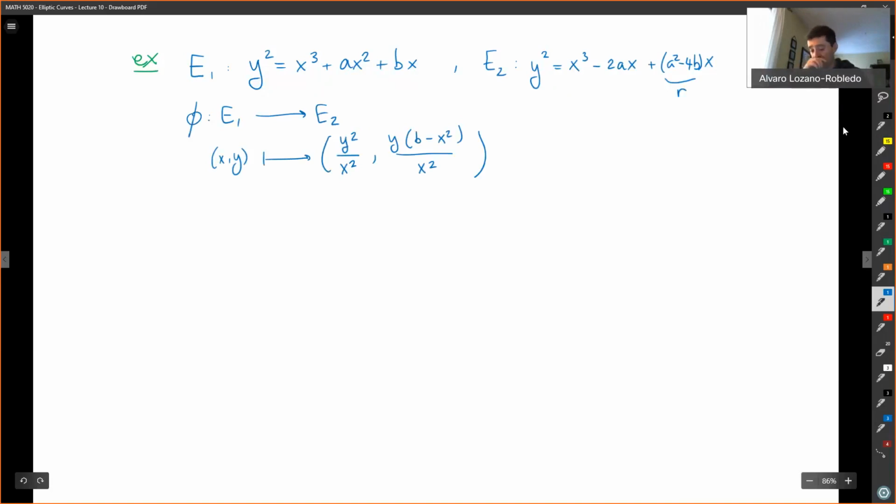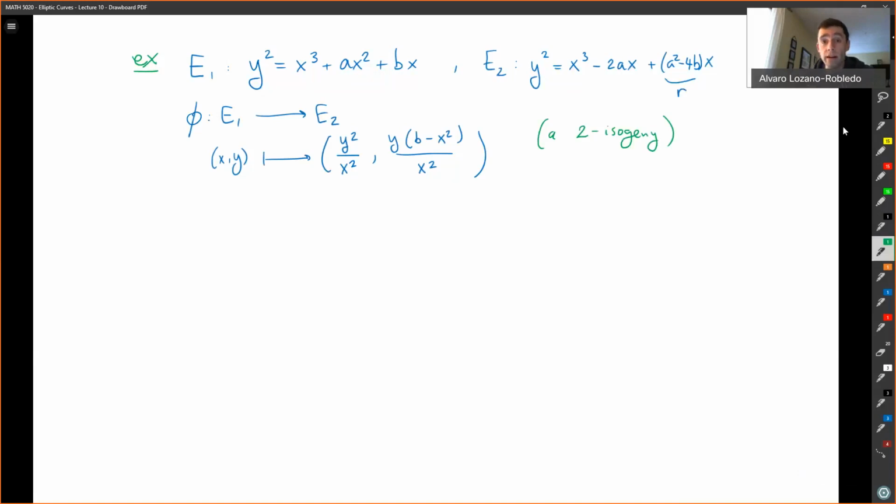Okay, and this is an example of what's called a two-isogeny, which much later will be very useful to do a type of descent, which is a method to compute the Mordell-Weil group of an elliptic curve.